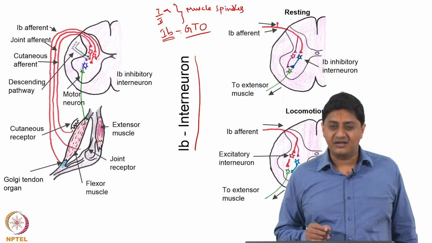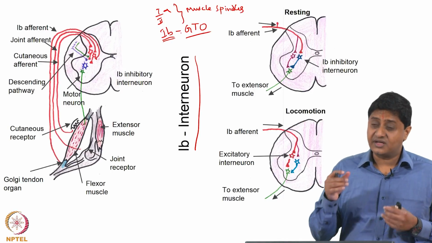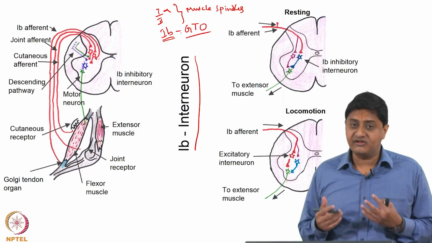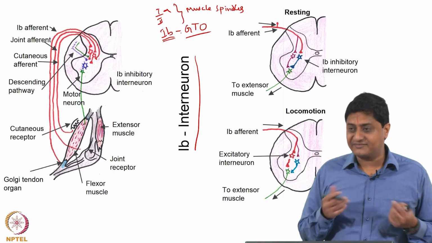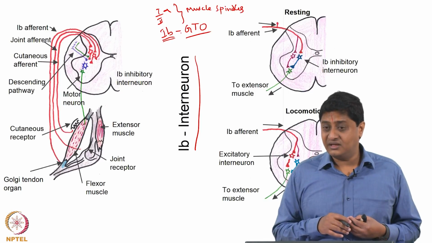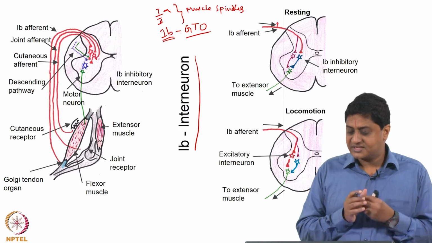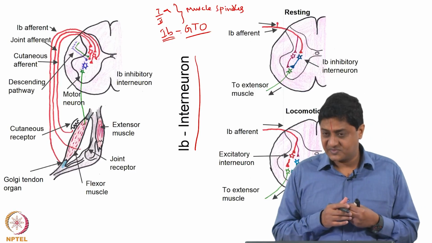This is called the 1B afferent. So, that means what? That muscle is contracting, then its negative feedback must be to relax that muscle, is it not? That means I should inhibit the alpha motor neuron that excites that muscle. Let us consider a single muscle, say the biceps.